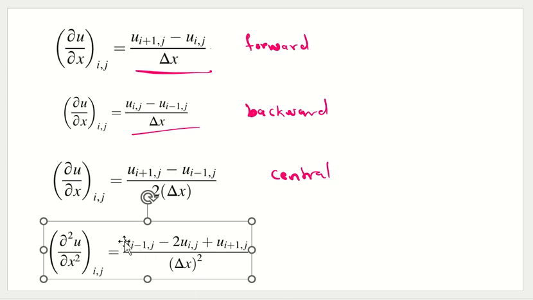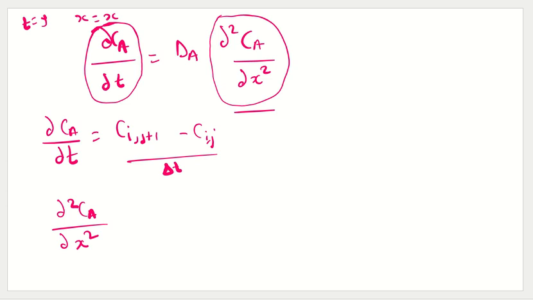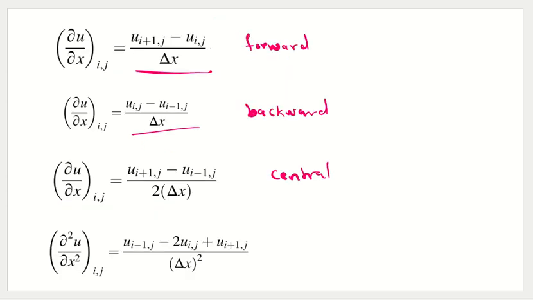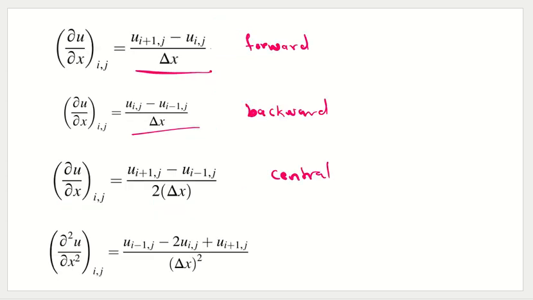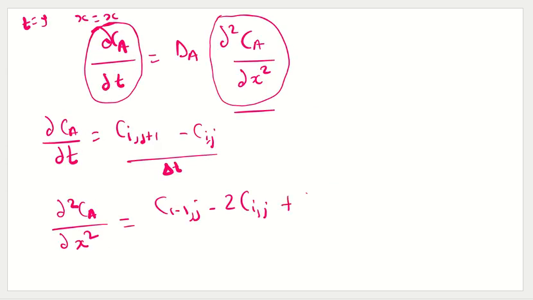That means it's going to be CA i minus 1 j minus 2CA ij plus CA i plus 1 j, everything divided by delta x squared. It's still our x, so we retain the x, delta x squared.